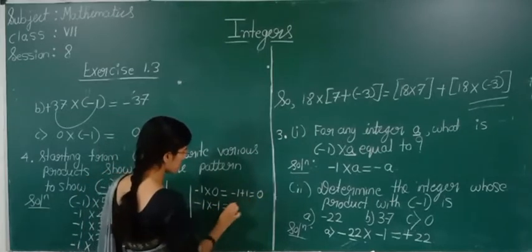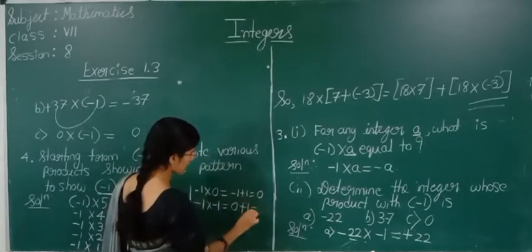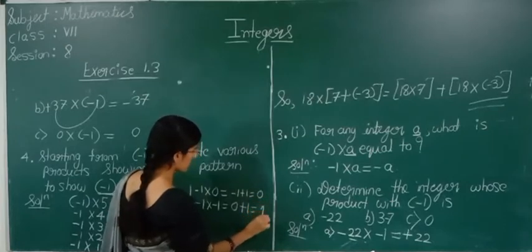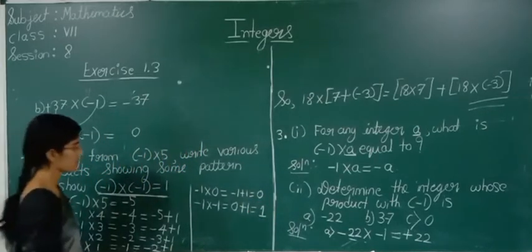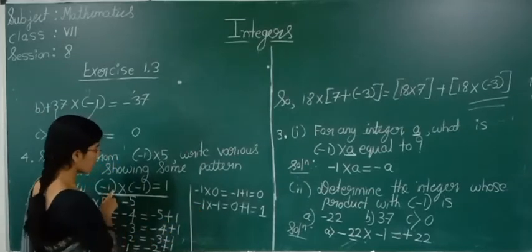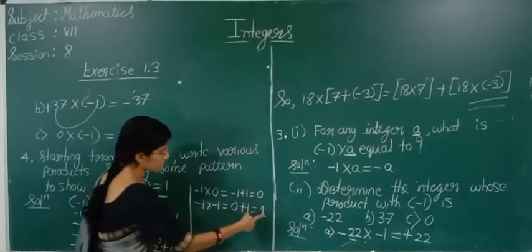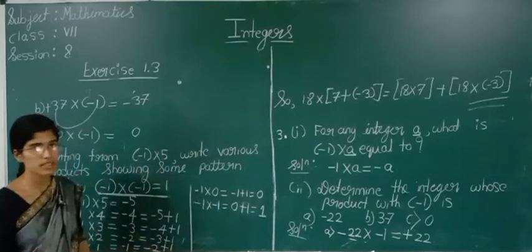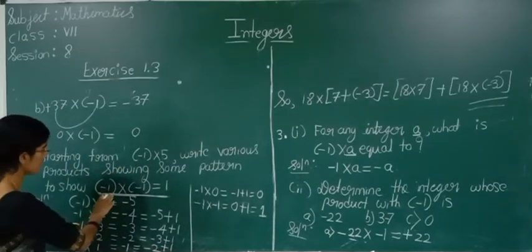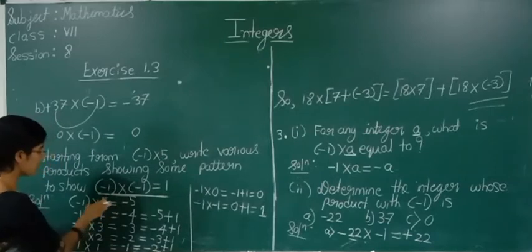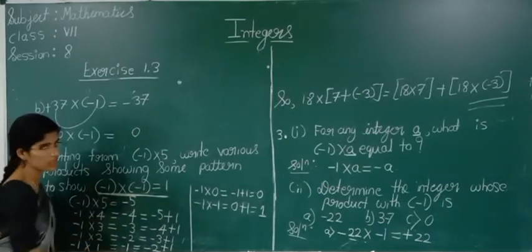Take this 0, add plus 1 here, I am getting the answer 1. Yes? Now see, what we want, minus 1 into minus 1 is plus 1. We got the result now. This is only starting from minus 1 into 5. We have to show this result.